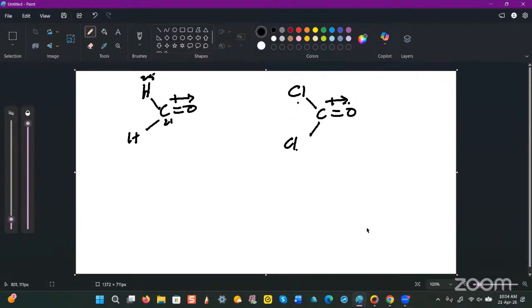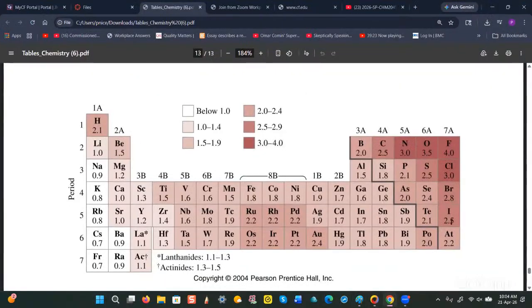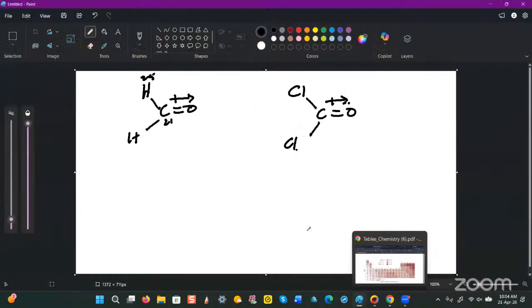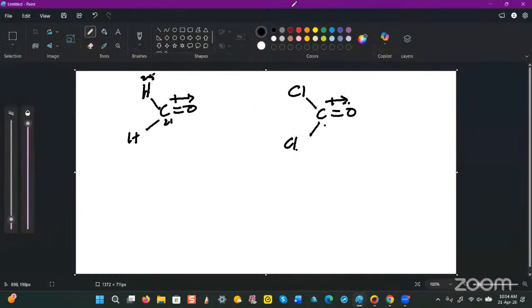Now, when we compare that to chlorine, what's the value for chlorine? Chlorine is 3.0, right? So here we have 2.5 and 3.0, so this bond has a significant polarity.